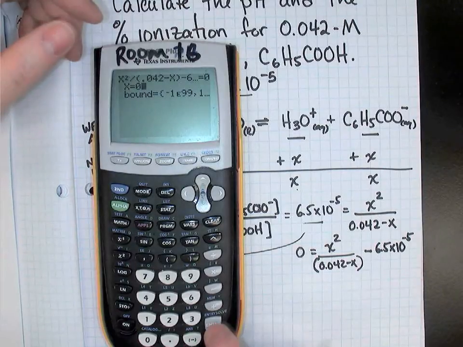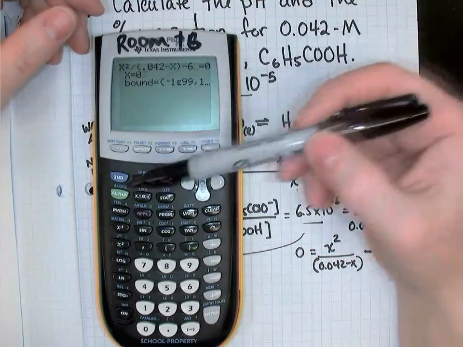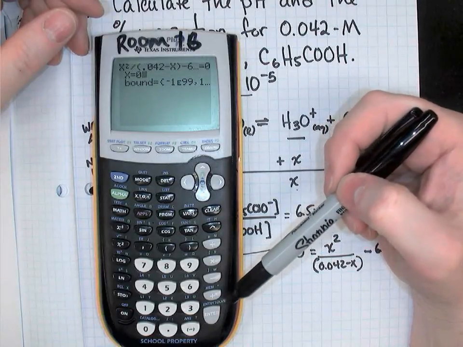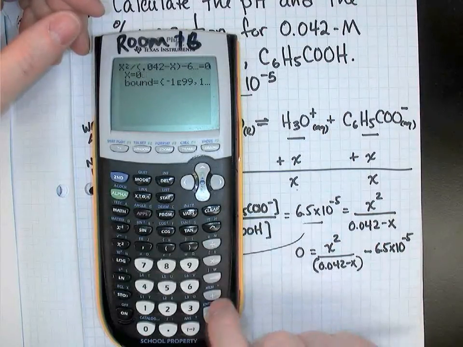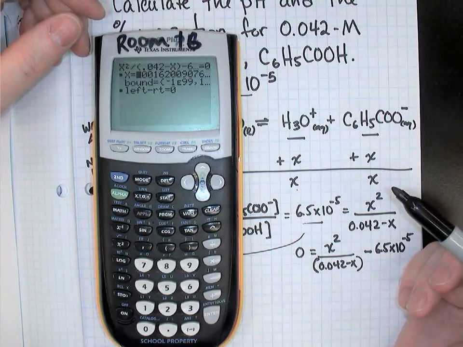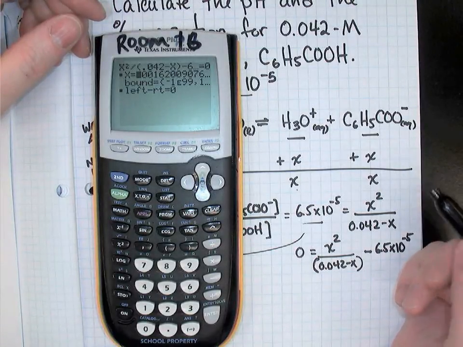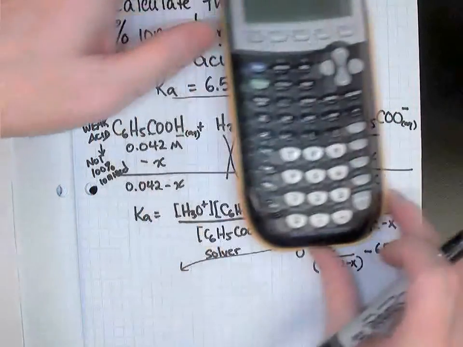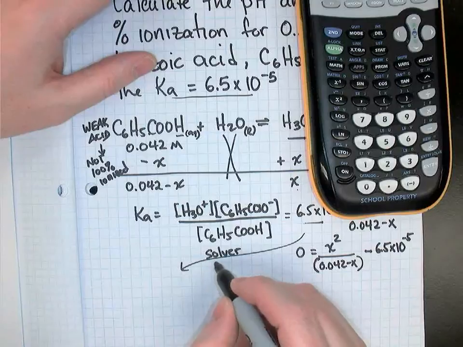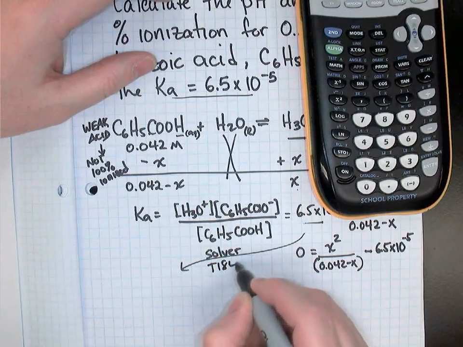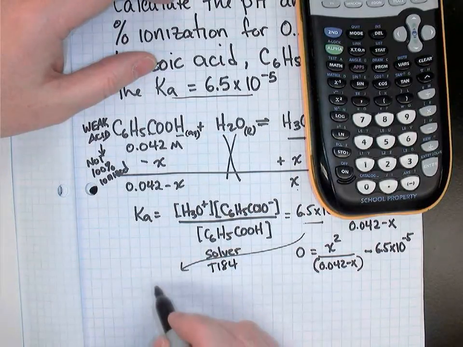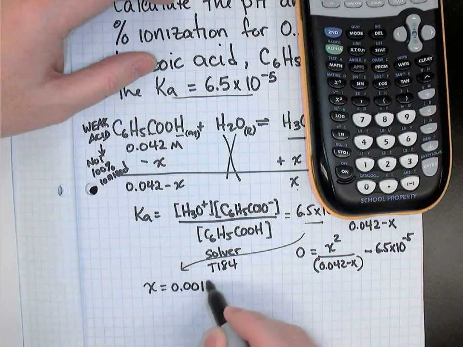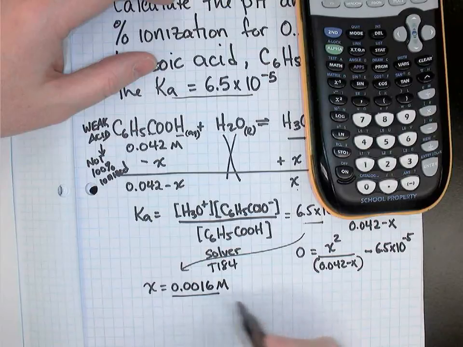So now we want to solve the equation, so we're going to press the alpha button, and then above the enter it says solve, so alpha solve, and there's the solution to the equation, 0.0016. Right, so coming back to my paper, from the TI-84 solver, my answer is x equals 0.0016 molarity.